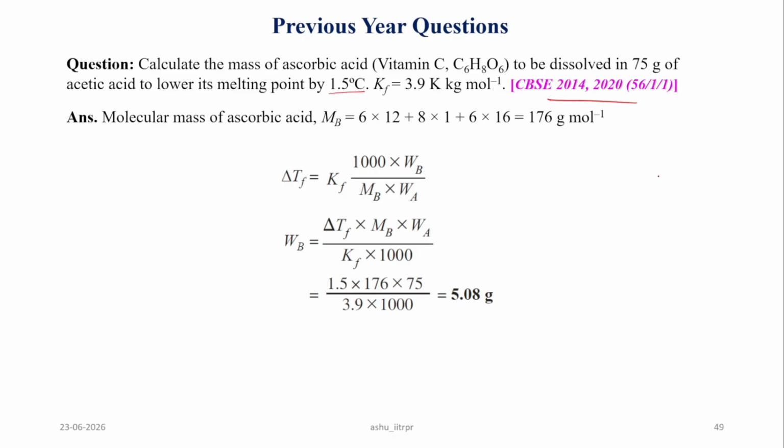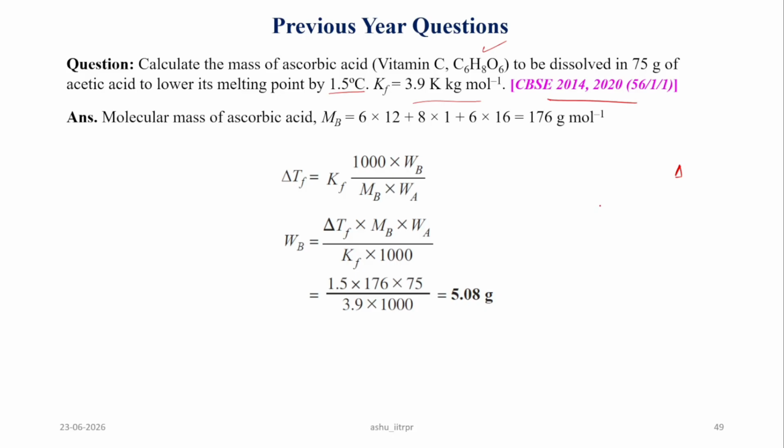That means delta TF is given as 1.5 degrees Celsius, and Kf is also given as 3.9.